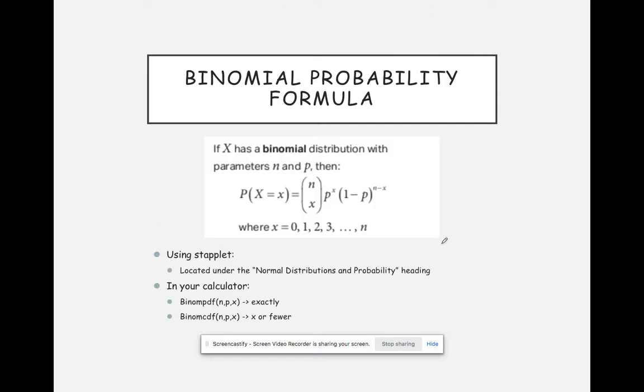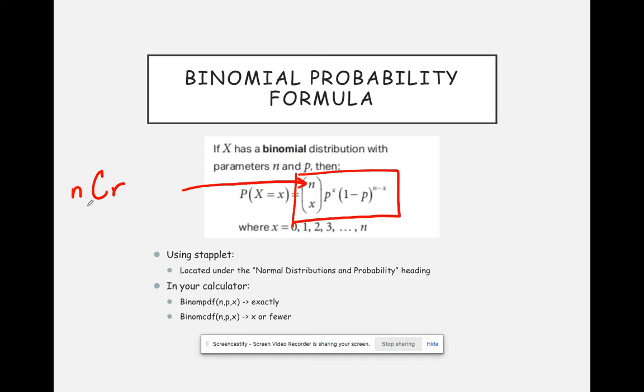So here is our binomial probability formula. If we want to calculate the probability that we have X successes in N trials, we're going to use this formula over here. It does look pretty complicated, especially with this N over X here in parentheses. But this is really the same as saying N choose X, or nCr, which we just looked at recently.